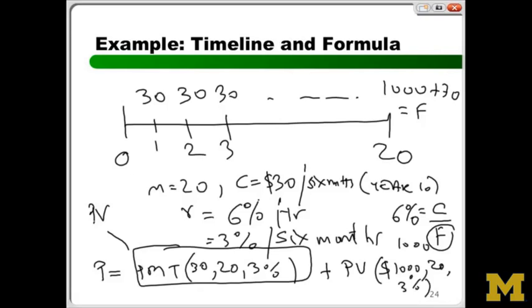So the way to think about a coupon paying bond is it has two chunks. The first chunk is a PMT chunk, a present value of a PMT chunk. The second is the present value of a one shot. So you remember in the first day of class I broke up the introduction of PV and FV into two parts.